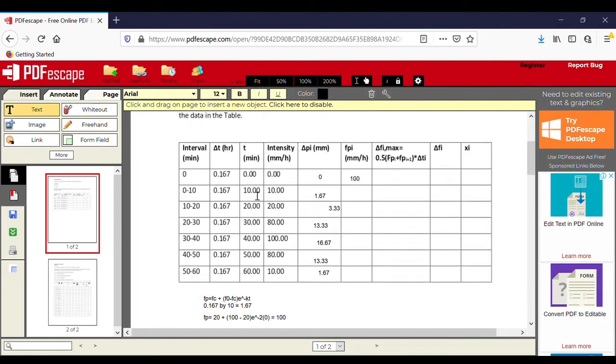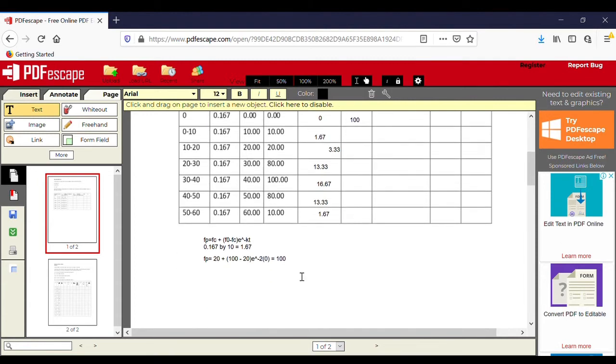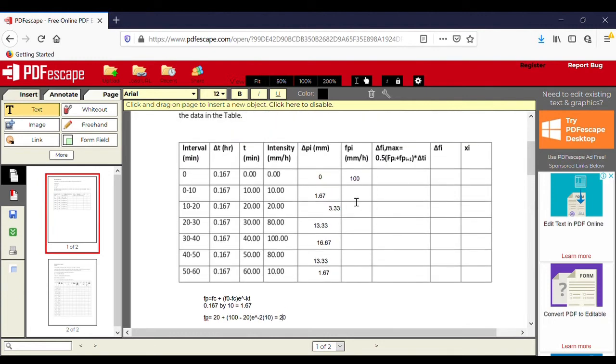And when you want to do the next one, you use 10 here, and then you do that, you obtain a result of 20, and then you put it here, 20.